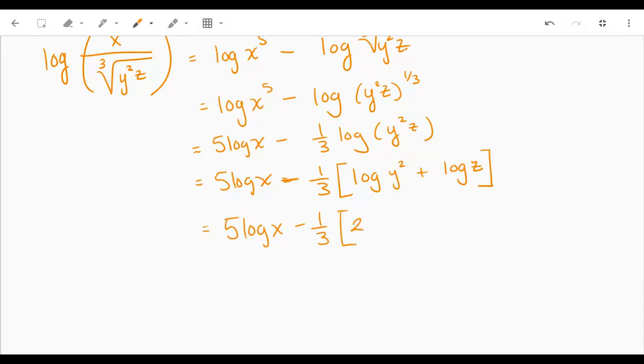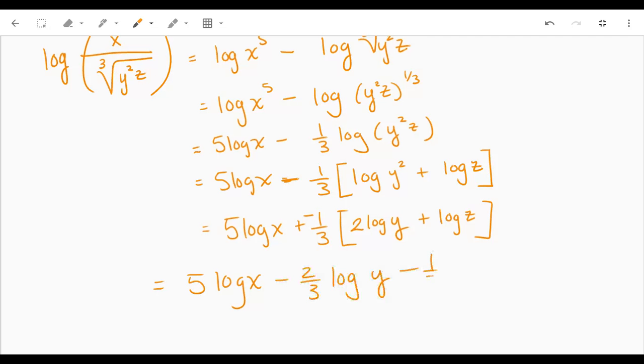So we'll have 2 log y plus log z. And the final thing that we're going to do is distribute that 1/3, but let's make sure that we get that it's negative. Okay, so your final answer will have 5 log x minus 2/3 log y minus 1/3 log z. Okay, and that should be your final answer.